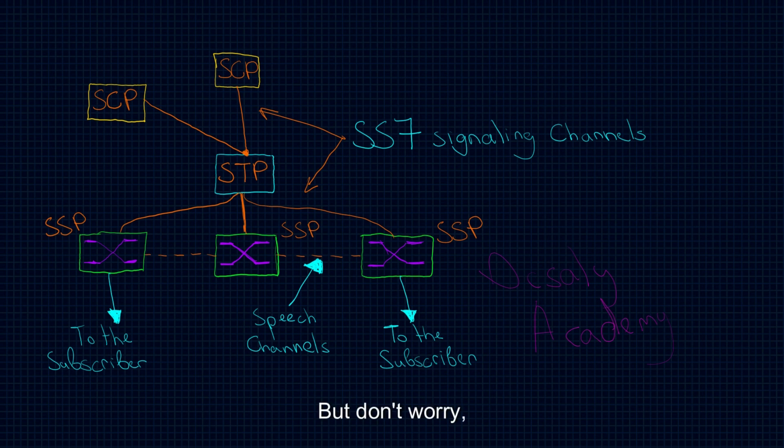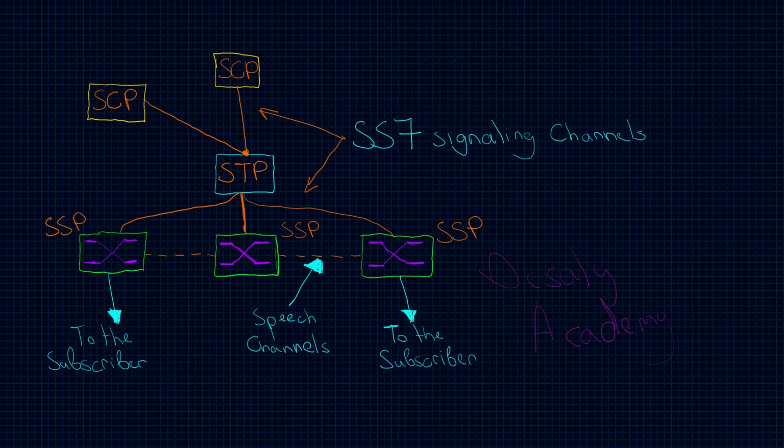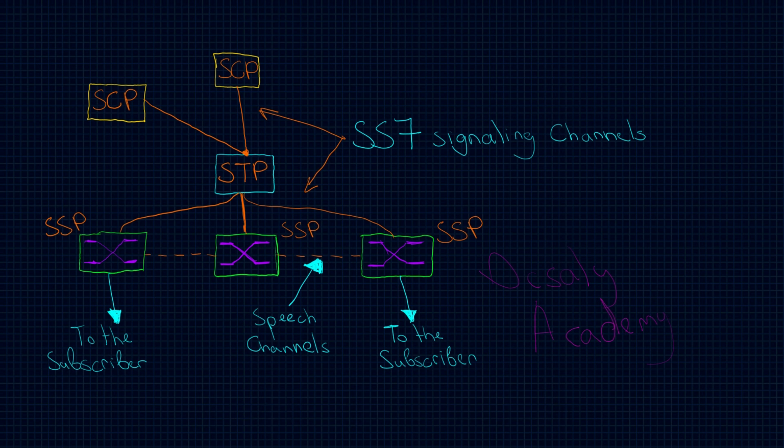But don't worry, in this lecture and also next lectures of our course, we will explore the SS7 protocol stack in greater detail, and we will discuss how SS7 messages are transported over IP networks, illustrating the protocol's versatility and continued relevance in evolving communication systems.